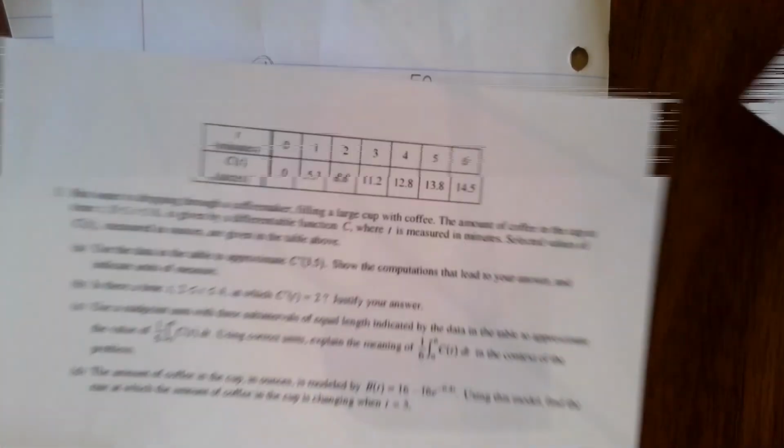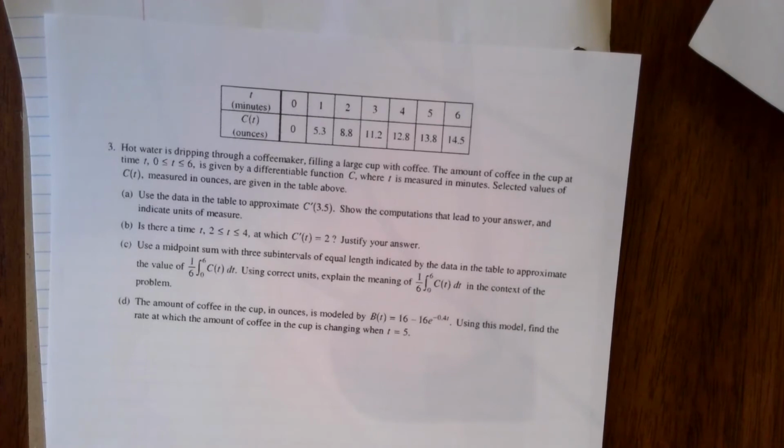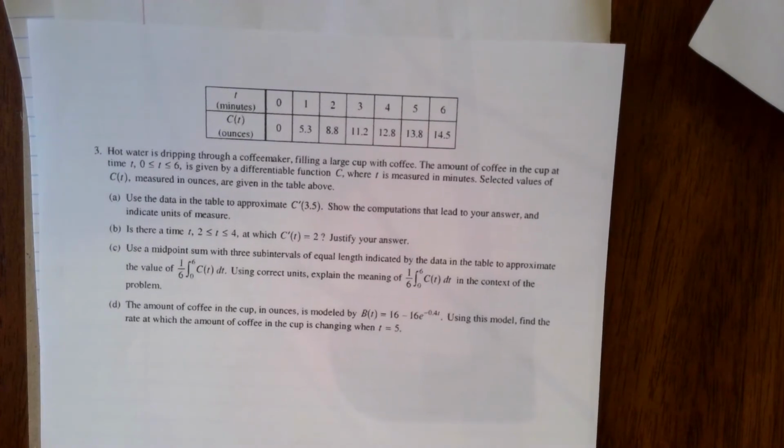All right, so hot water is dripping through a coffee maker, filling a large cup with coffee. The amount of coffee in the cup for times 0 to 6 is given by the differentiable function C, where t is measured in minutes. Select values of C of t, measured in ounces, are given in the table above. Use the data to approximate C prime of 3.5.